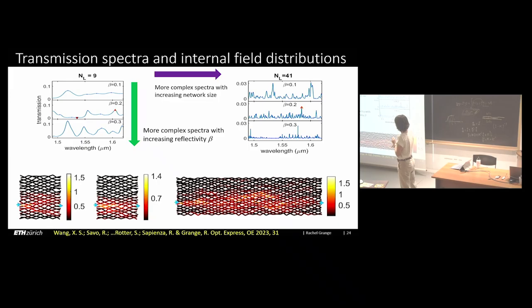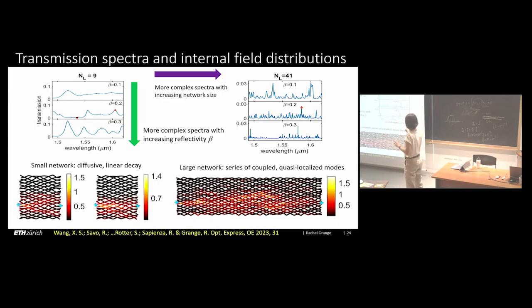What we are showing here is that when you have a small network, you are in a kind of diffusive linear decay. And when you have a bigger network, you start to have more localized or quasi-localized modes within the network. This is nice, but this is the only thing you can see because you are doing some kind of field distribution and you are doing simulation. Otherwise, you cannot see what is happening inside your network, of course.